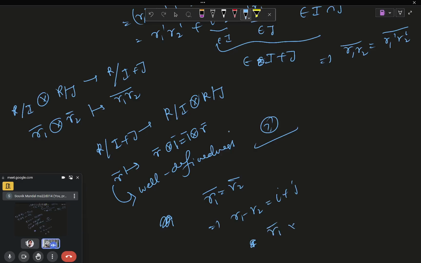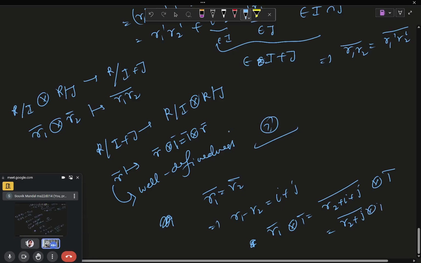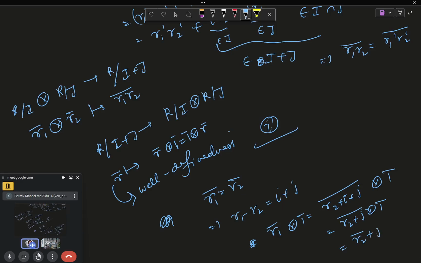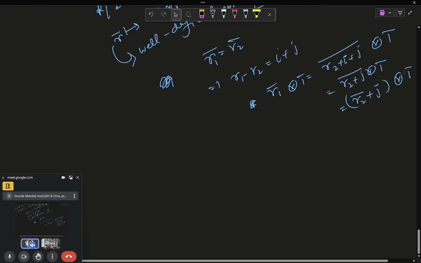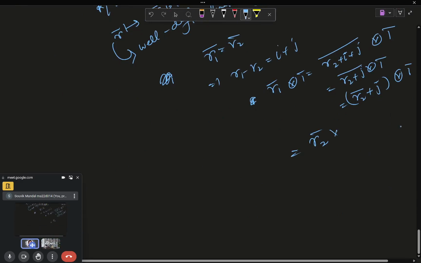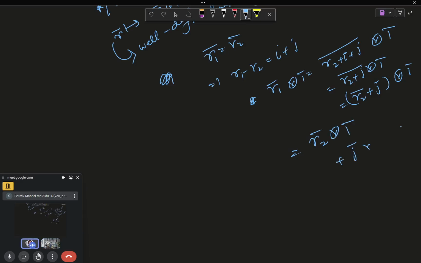Now R1 bar tensor 1 bar is equal to (R2 plus i plus j) whole bar tensor 1 bar, which is R2 bar plus j bar tensor 1 bar, since the i part vanishes. This equals R2 bar tensor 1 bar plus j bar tensor 1 bar, which is R2 bar tensor 1 bar plus 1 bar tensor j bar, and the j part is 0. So the only remaining thing is R2 bar tensor 1 bar.